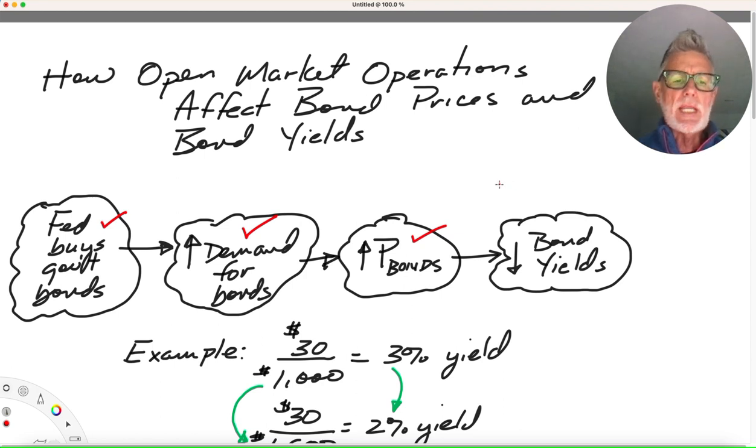If there's an increase in the demand for apples, there's going to be an increase in the price of apples. These bonds are like a commodity: the more demand for bonds, the greater the price of bonds. However, that increase in the price of bonds has an inverse effect on bond yields. The effective interest rate on those bonds is going to go down.